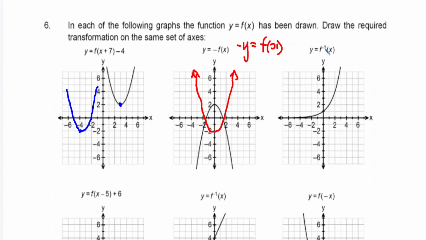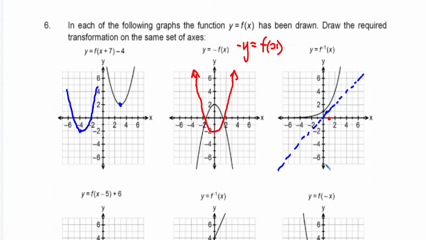This one, f inverse of x. This one needs to reflect about the line y equals x. And because of that, I'm actually going to try and draw in just to guide myself a little bit here. That. Okay. All right. This thing had a y-intercept of 1. The inverse, I'll just draw the inverse in red. The inverse will have an x-intercept of 1. This thing had a horizontal asymptote of y equals 0.